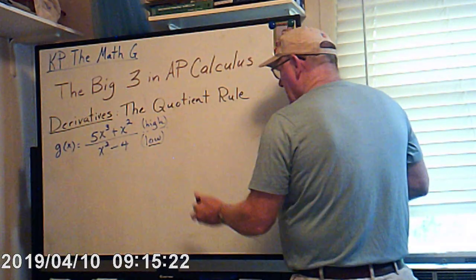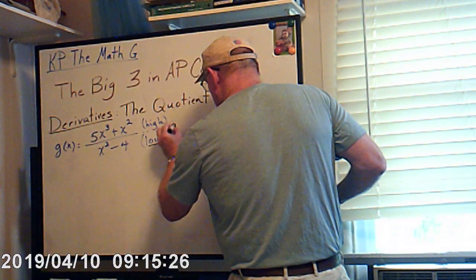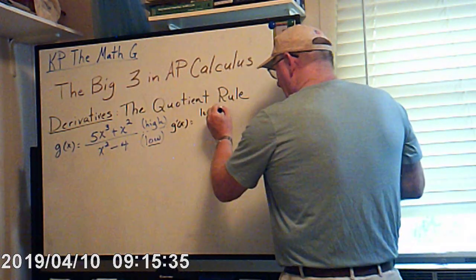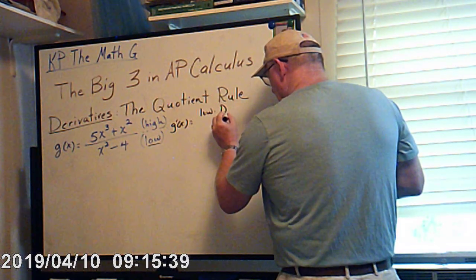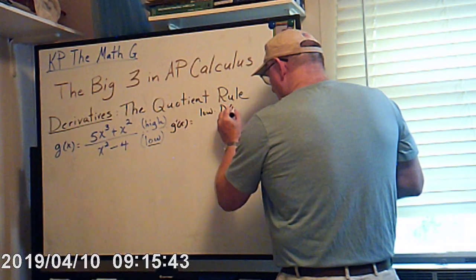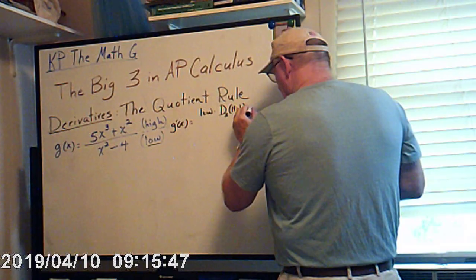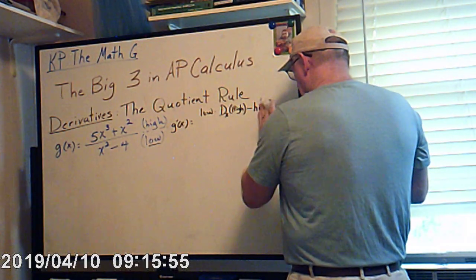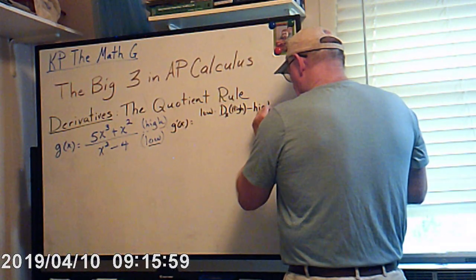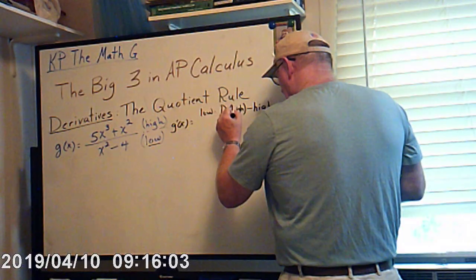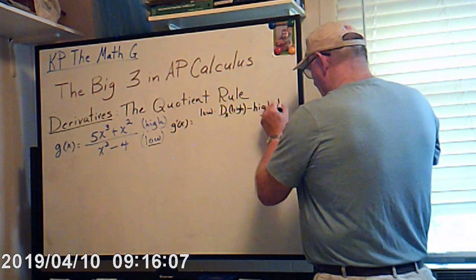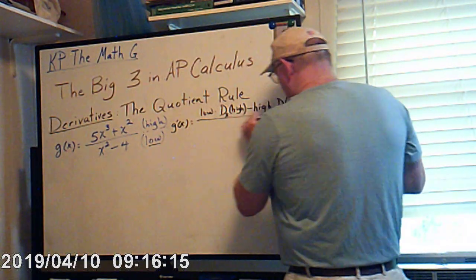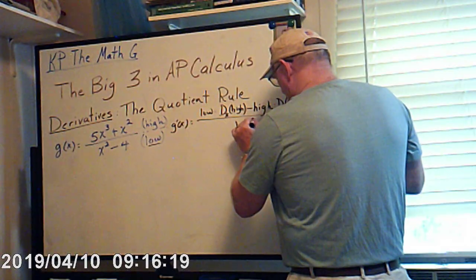So g prime of x is low times the derivative of the high, minus high times the derivative of the low, divided by the low squared.